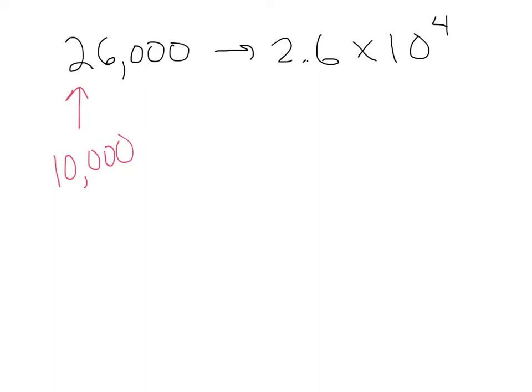What that tells us is that the 2 is in the 4th column, meaning it's in the 10,000s. So we have 20,000, and we have a little bit more because of the decimal 0.6. That 0.6 is basically telling us we have 6/10 of a 10,000, which of course is 6,000.